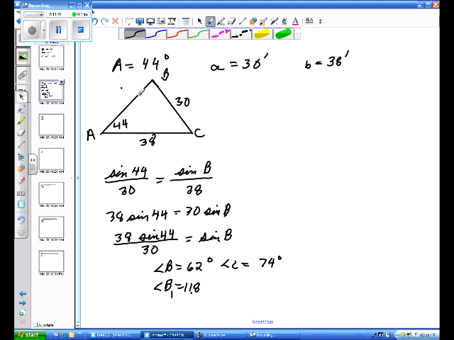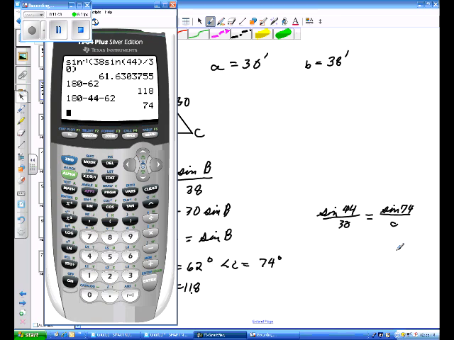Okay, now I can find side C. So I'll set up my ratio. The sine of 44 is to the opposite side, as the sine of 74 is to side C. And I can use my calculator and get my proportion there.